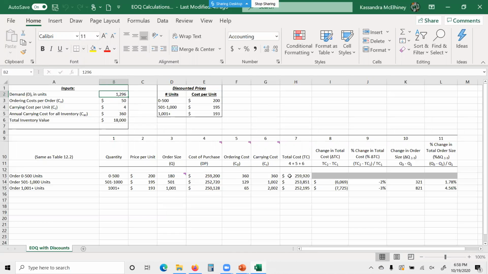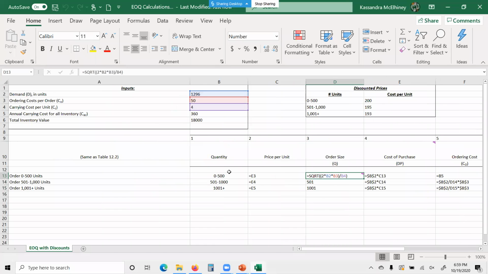So economic order quantity was calculated one time right here. That was ordering 0 to 500 units. Coming up with order quantity happened through the square root formula.